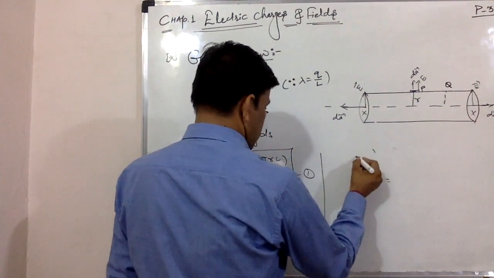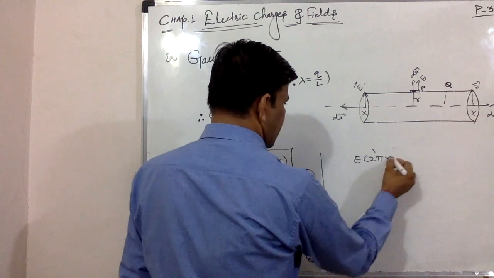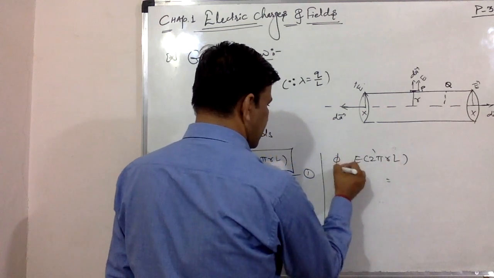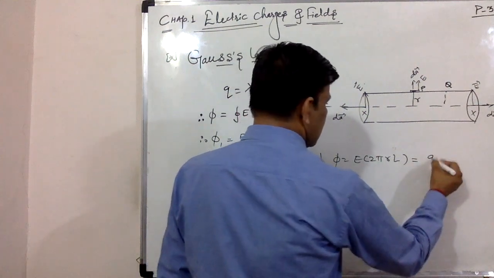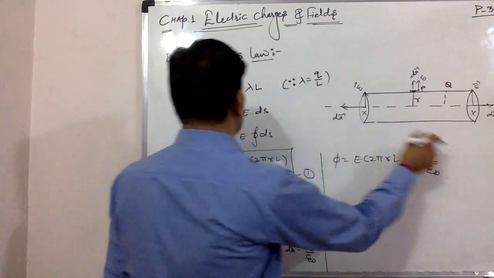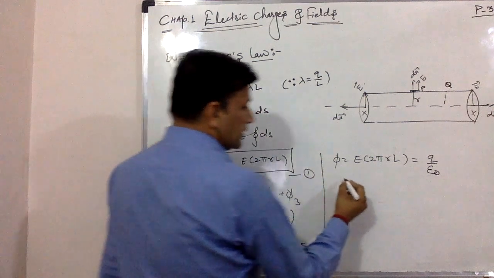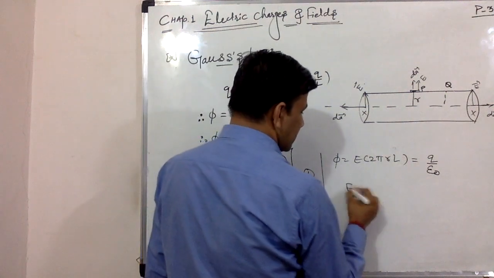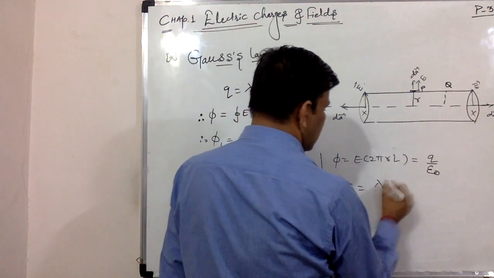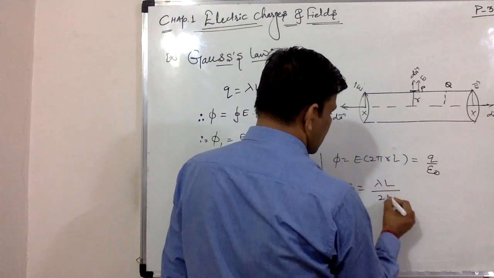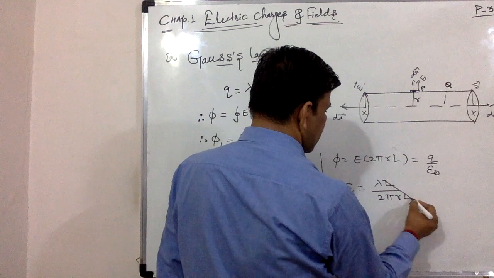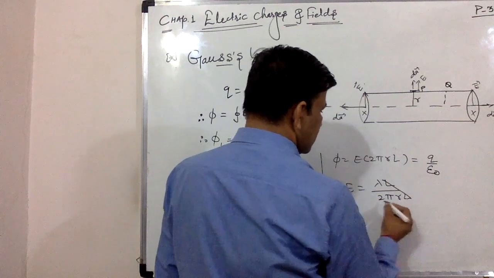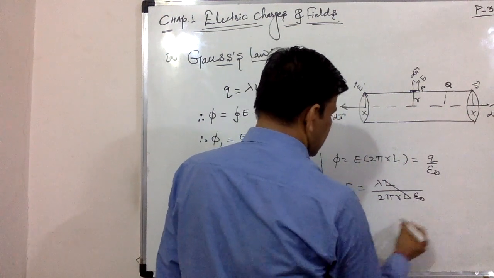E 2 pi r L is equal to q by epsilon 0, but q is equal to lambda L. So the electric field is equal to lambda L upon 2 pi r L. L is cancelled out, multiplied with epsilon 0.